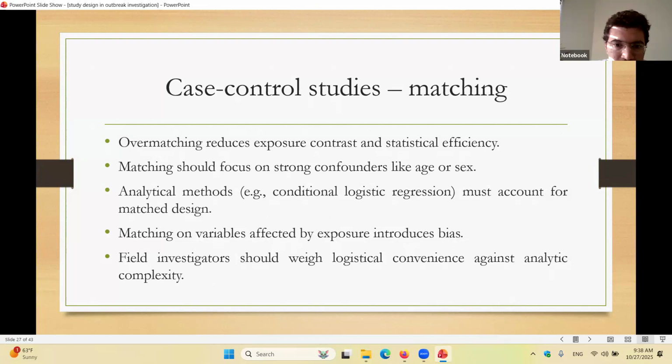Matching on variables affected by exposure reduces bias. Field investigators should weigh logistical convenience against analytic complexity.